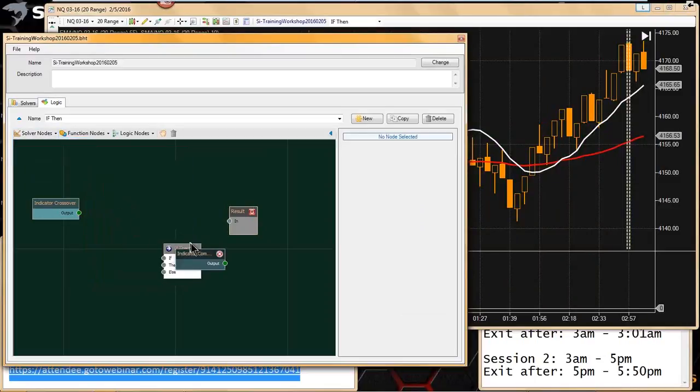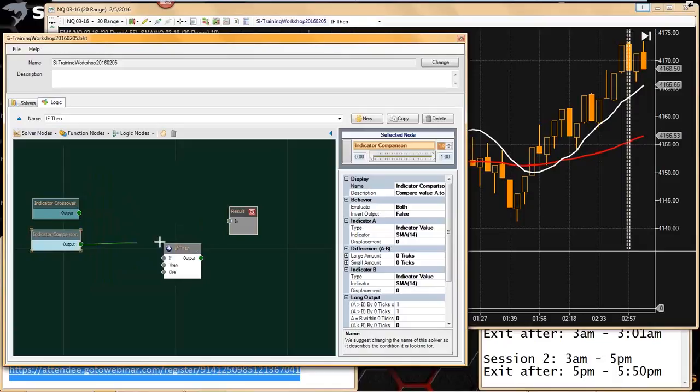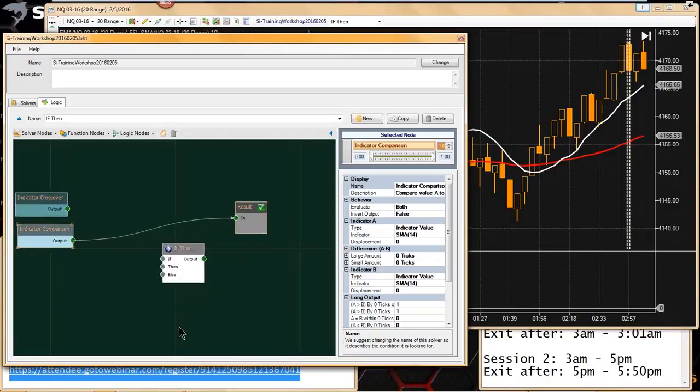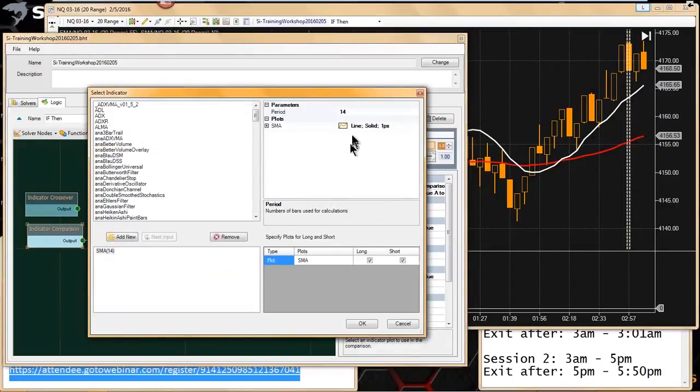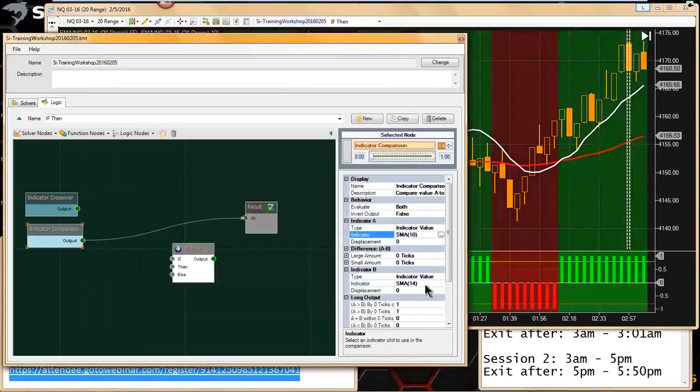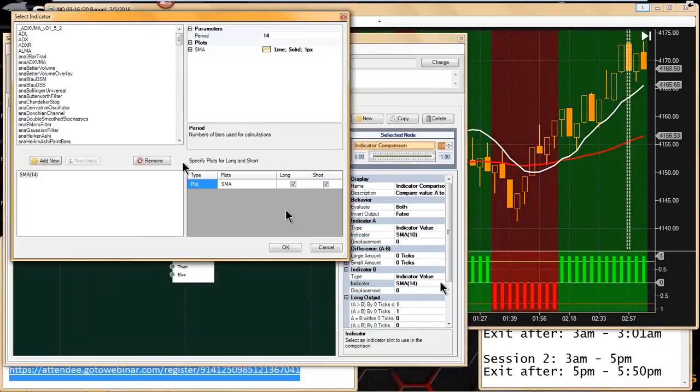So the first thing I'm setting up here are some signals to control the if-then node. I'm just trying to set up something simple and easy to understand.